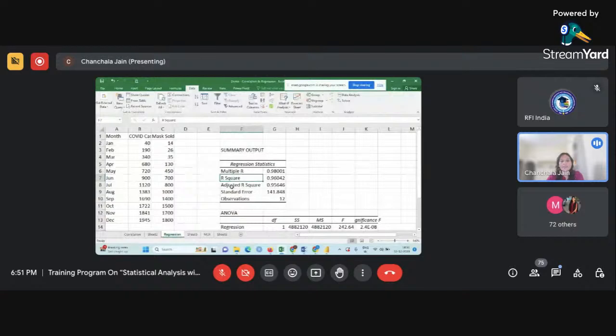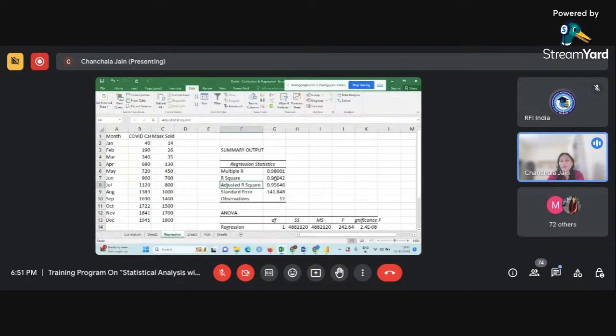Moving ahead, talking about R square and adjusted R square, right? I need to make this clear here: always your R square will be greater than your adjusted R square, or maybe equal to, but R square will never be lesser than the adjusted R square, right?